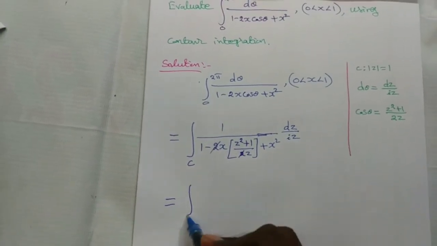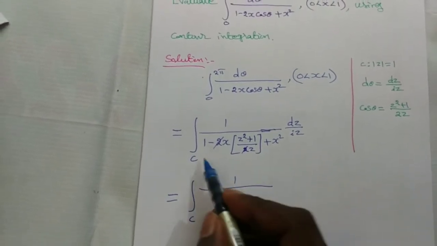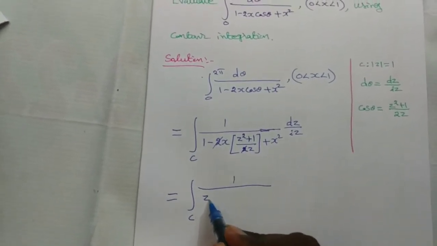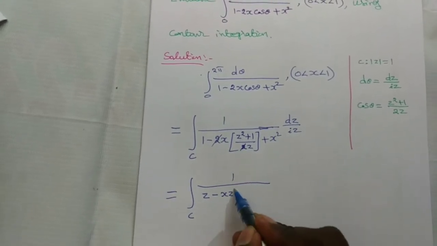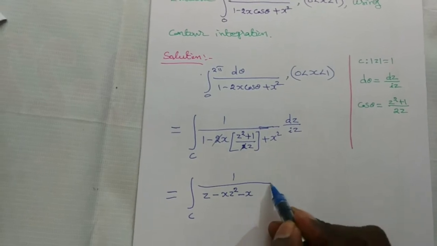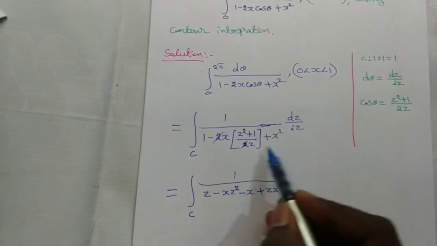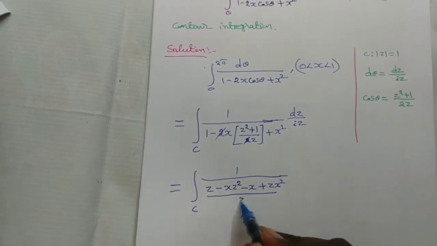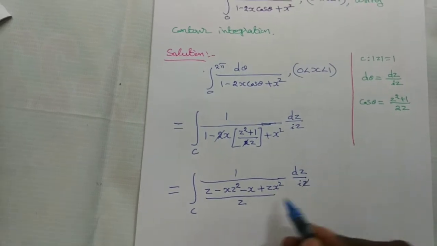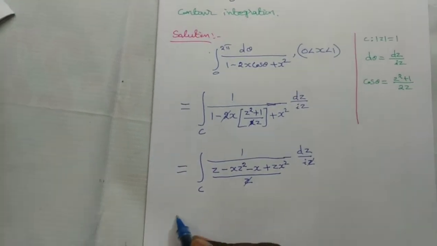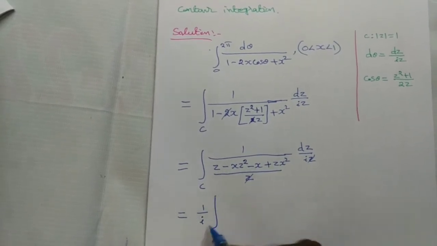Now in the denominator I am going to take LCM z. So 1 divided by, taking LCM z, z minus, at the same time multiplying x inside, x z² minus x plus z x², taking LCM as z, whole divided by z, into dz/(iz). z and z cancel, and now take 1/i outside, so 1/i times the integral.